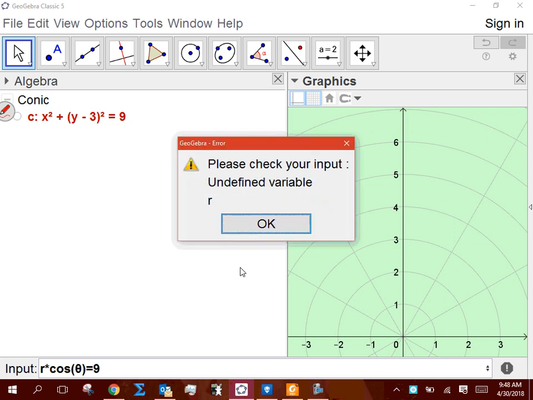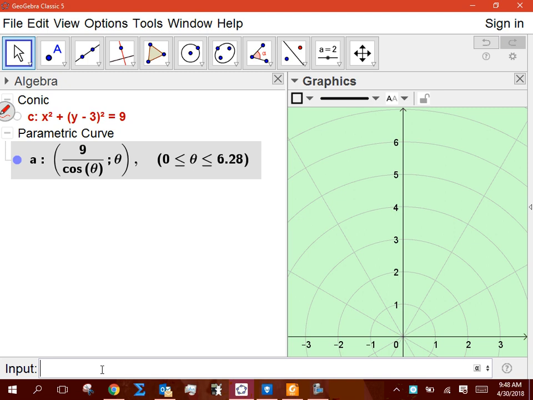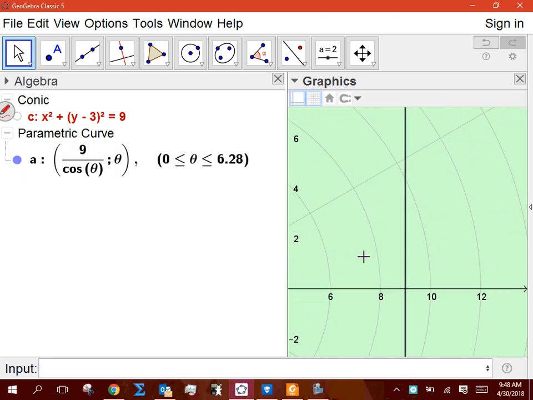So if I'm going to graph these things in polar form on GeoGebra, I actually have to isolate my r. It's almost like an explicit graph for polar form here. If I graph that, does that look like the line x equals 9 right there?